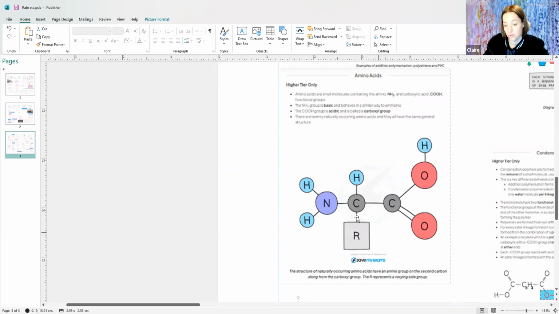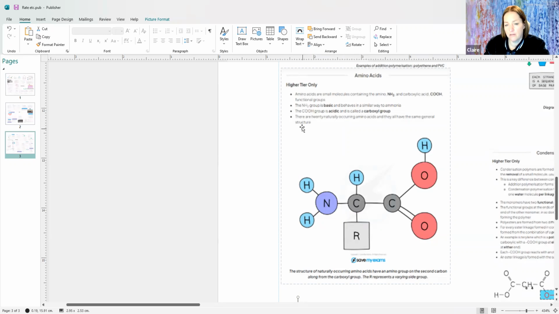Again, linking in functional groups, know your different functional groups. Amino acids, for example, have the carboxylic group, COOH. They also have the amino group, and R is your R group.